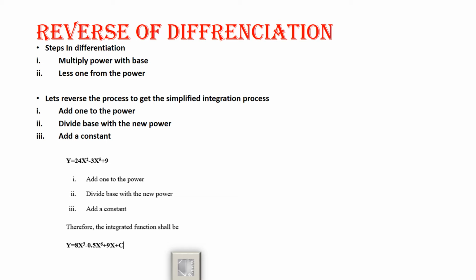Let's simply note the integral function of 24x squared minus 3x power 5 plus 9 will be 8x cubed less 0.5x power 6 plus 9x plus a constant. Try to do several examples because after this we go directly to the application.